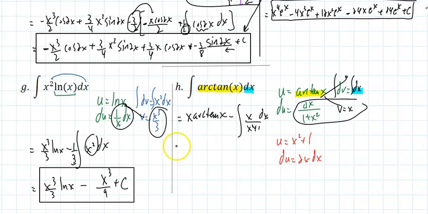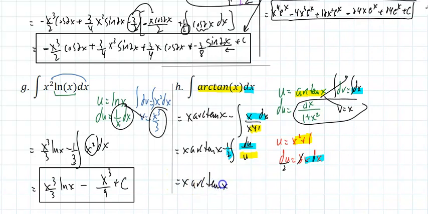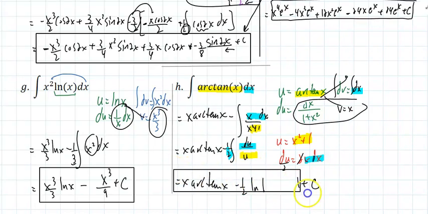Guess what? This is not integration by parts. I let this be u. And I notice I need an x dx. x dx will be du with a 1/2. So this is x arctangent of x minus 1/2. Isn't that natural log of absolute value of u? And what was u?